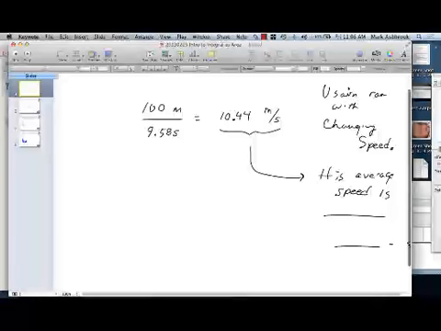What does that mean? The question is, he ran with a changing speed. We took his distance and his time, we just got one number, although he ran with a changing speed. So how can we make sense of that number relative to his race?